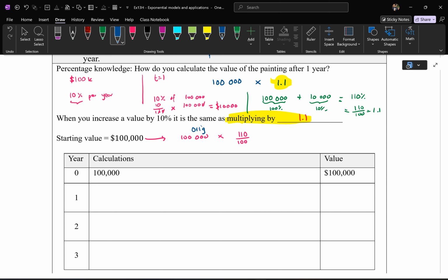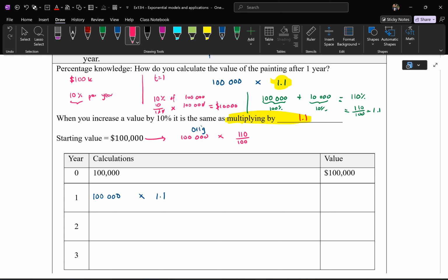But you have to wait a year, 365 days later, and then they'll increase the value. In this case, the painting, if you kept it for 365 days, increases by 1.1, or times by 1.1. So here the next one is $100,000 times 1.1.